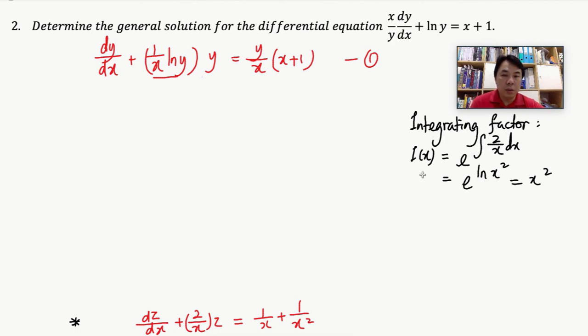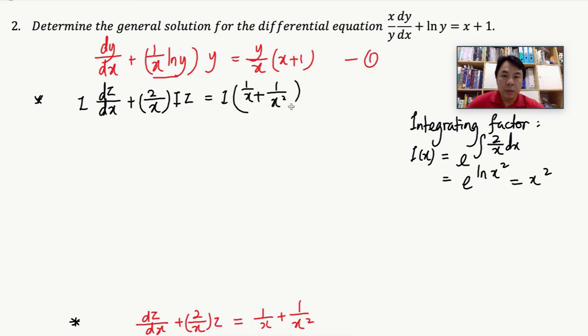Knowing that the integrating factor is this, we're going to multiply the integrating factor to the left and right of this expression. So we multiply dz dx plus 2 over x z is equal to I, which is the integrating factor, times 1 over x squared.